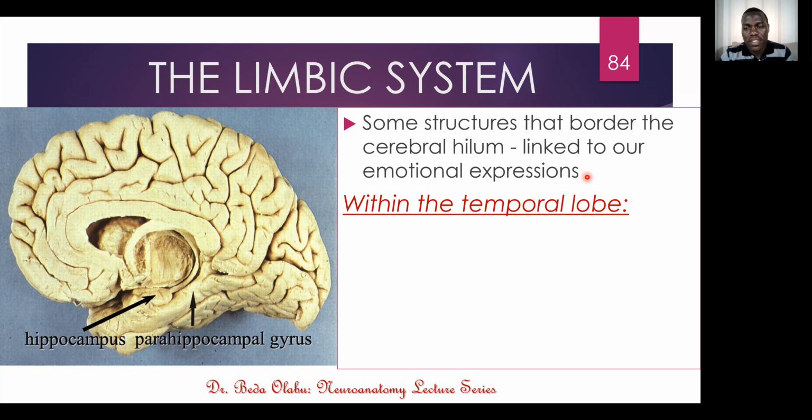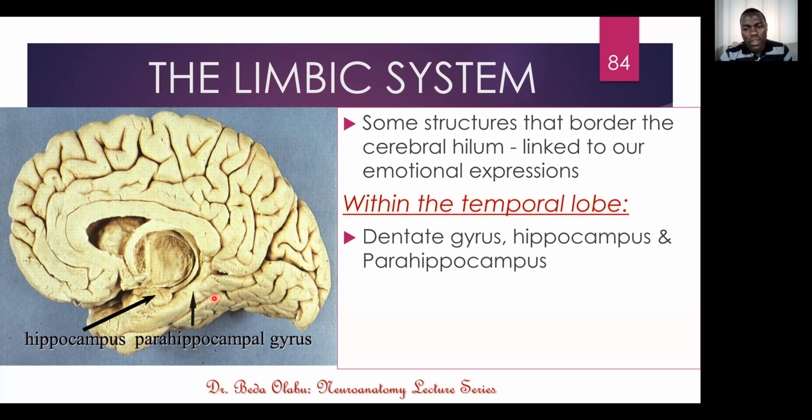So which structures specifically within the temporal lobe have limbic function? We've mentioned this one. That is the parahippocampus. This big one is the parahippocampus. We've mentioned this one. That is the hippocampus. There's something between the two.